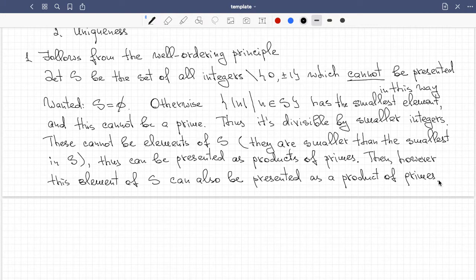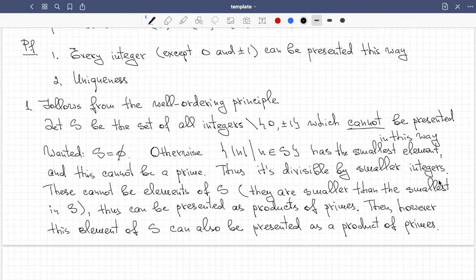This contradiction proves that every integer with these exceptions can be presented as a product of primes.